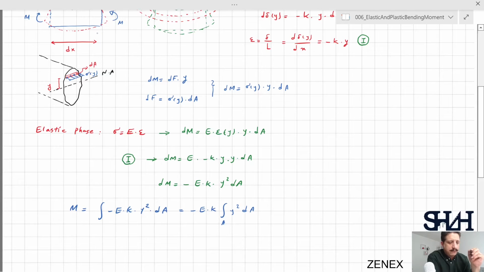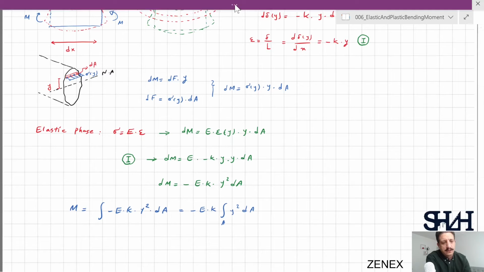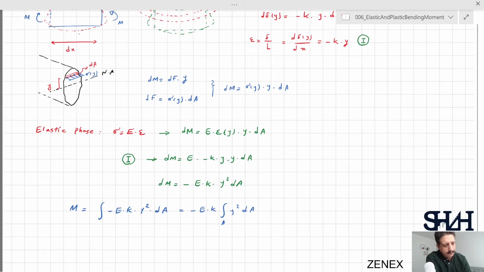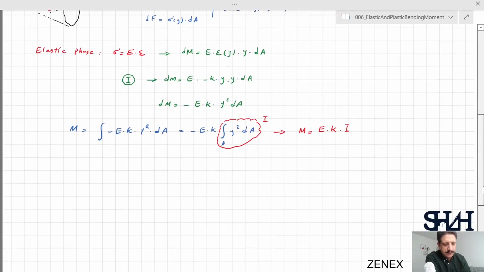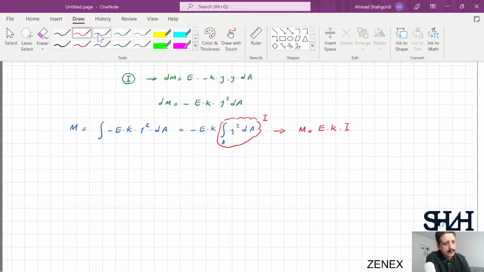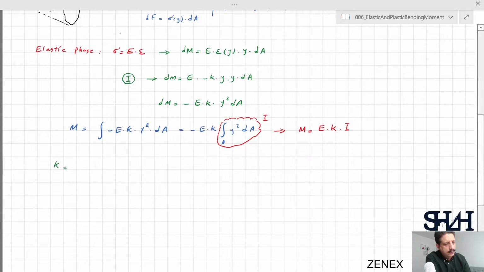Summation of y squared dA is called moment of inertia. It's a cross-section property. As a result, moment will be written as, if we go with positive value just to have the number, E kappa I. And also kappa is 1 divided by the radius of curvature.